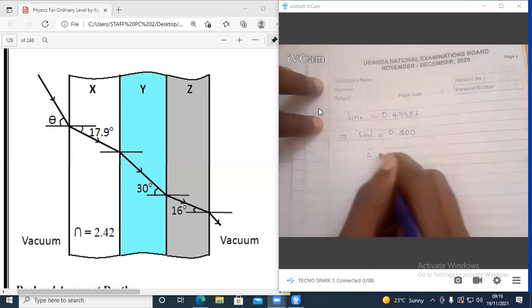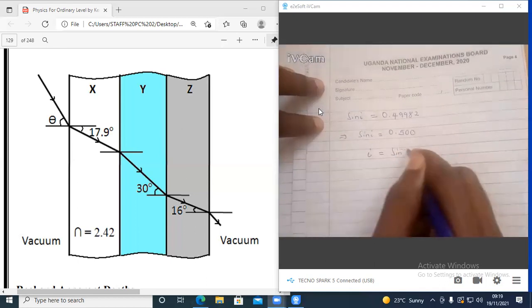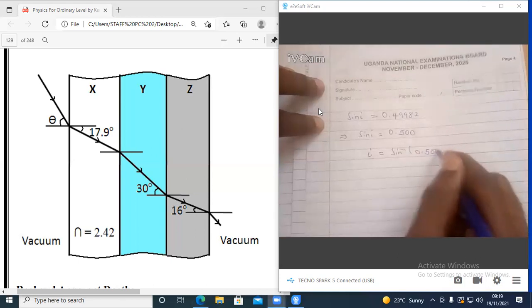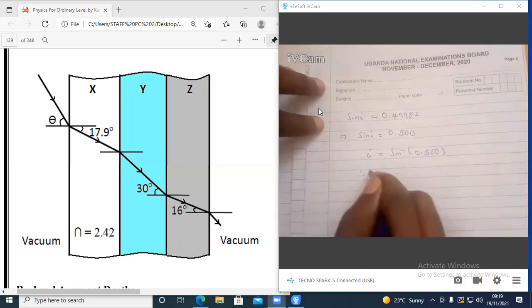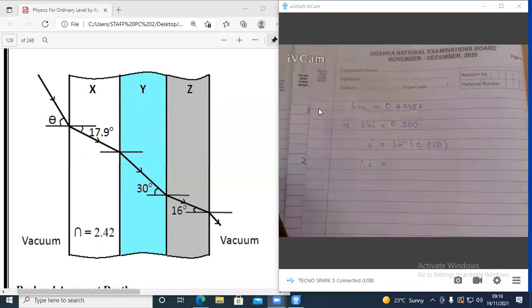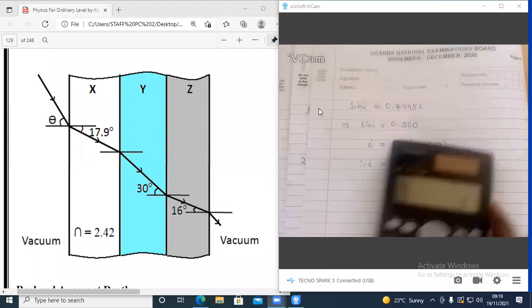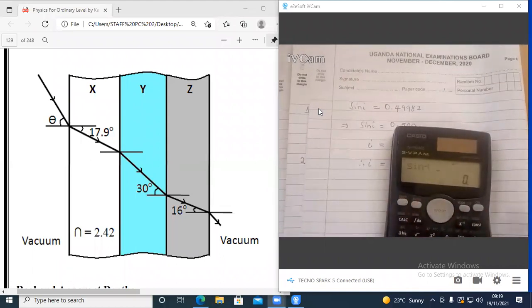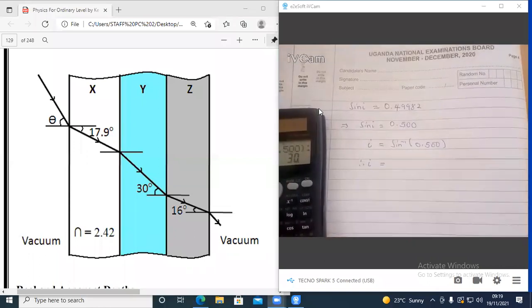So I will be equal to the sine inverse of 0.500. Therefore, our I will be equal to sine inverse of 0.500. Members, what have you got?